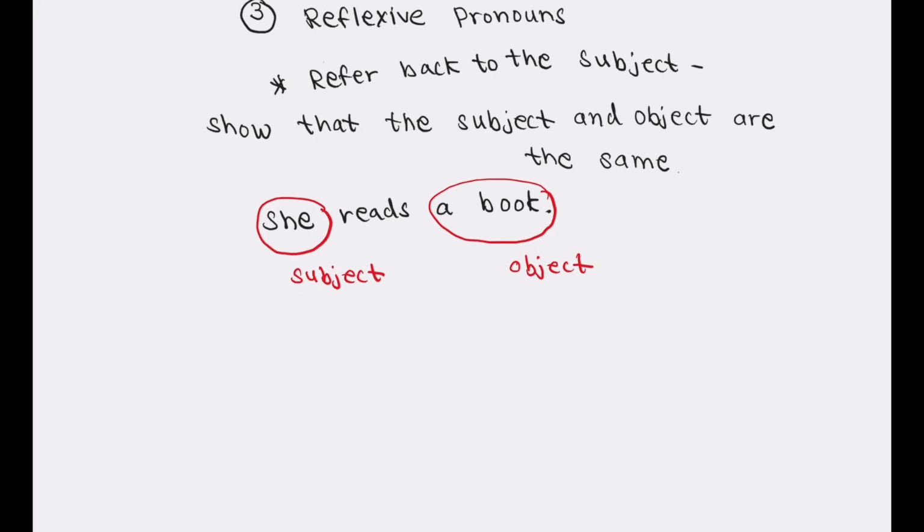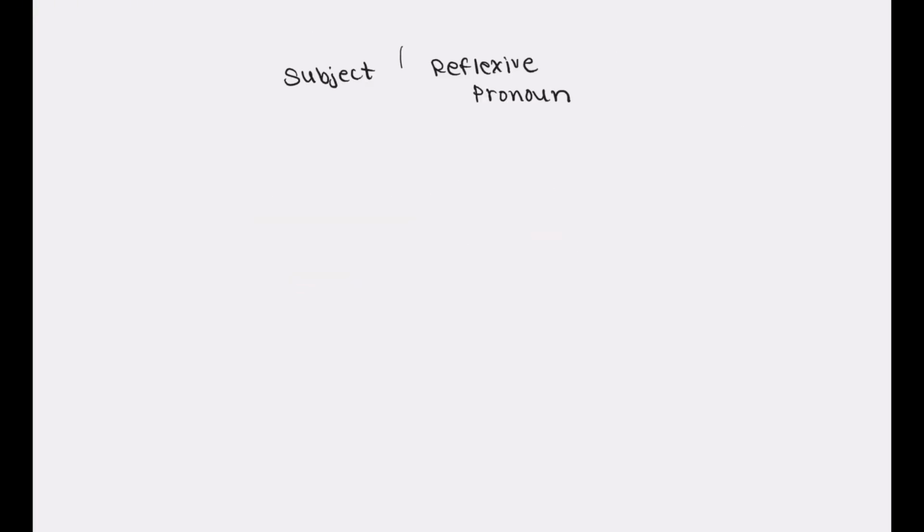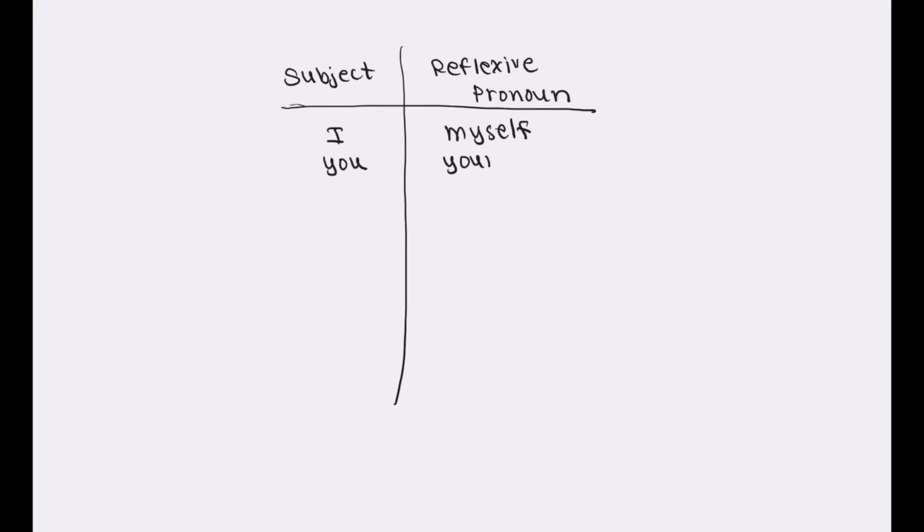And when the subject and the object are the same, we use reflexive pronouns. I, myself. You, yourself. He, himself.